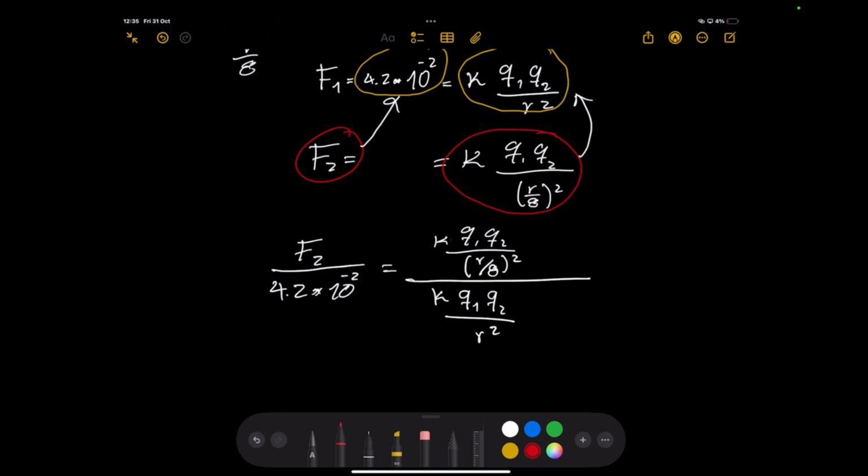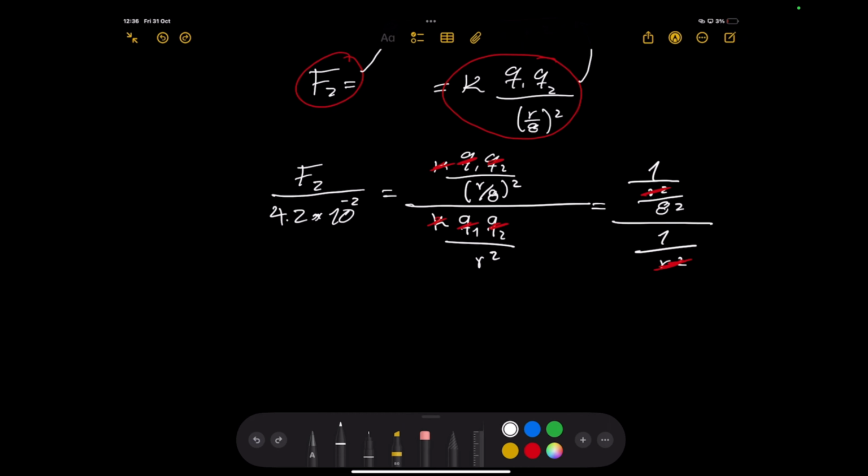This K is going to be canceled out with this, same as this Q1 and Q2. And we can do some more here. This is going to be equal to r squared over 8 squared. And now we can see that r squared is going to cancel out with this. So 8 squared is 64, remember that?